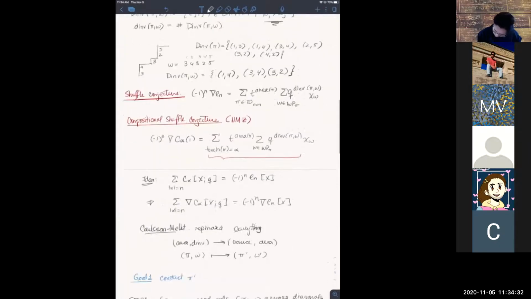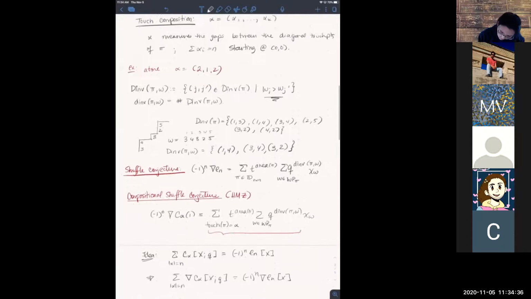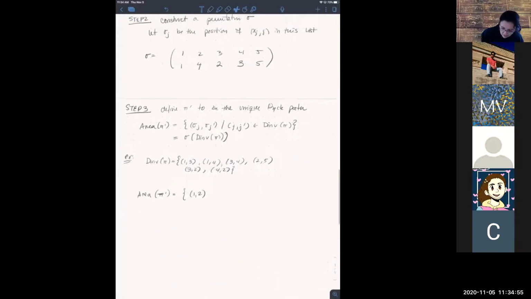Div of pi. Okay. So we're going to go back, copy this. So we have div of pi. And then it's just a matter of basically translating everything through.